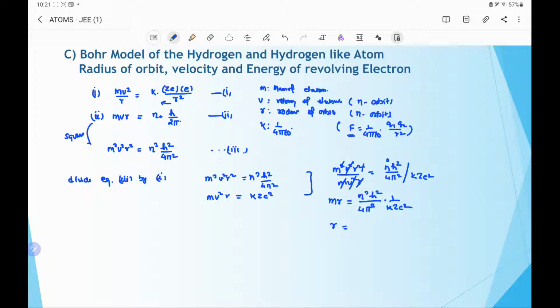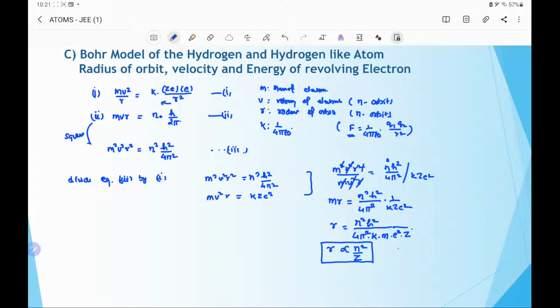So r will be n square h square by 4 pi square k m e square Z. Hence we can say r is proportional to n square by Z, where n is the nth orbit and Z is the atomic number of the atom.